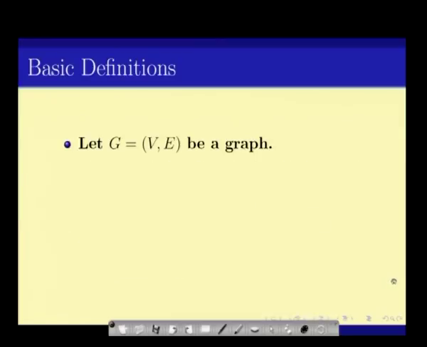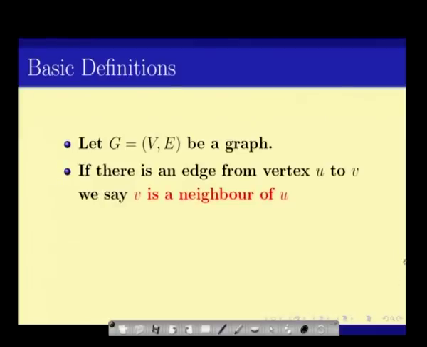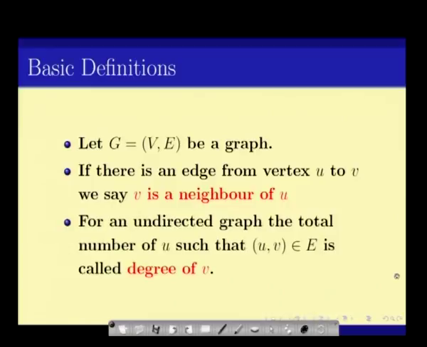There are some other basic definitions of graphs that many of you may have seen. For example, if there is an edge from u to v, then we say that v is a neighbor of u, and the set of all neighbors of a particular vertex u is called the neighborhood of u.